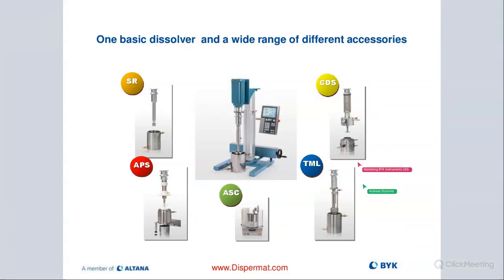That is very popular because it scales really nicely from laboratory scale to pilot all the way up to production. We have this quick change system. If you look at the shaft in the middle, right below the motor, there is a clamping ring.